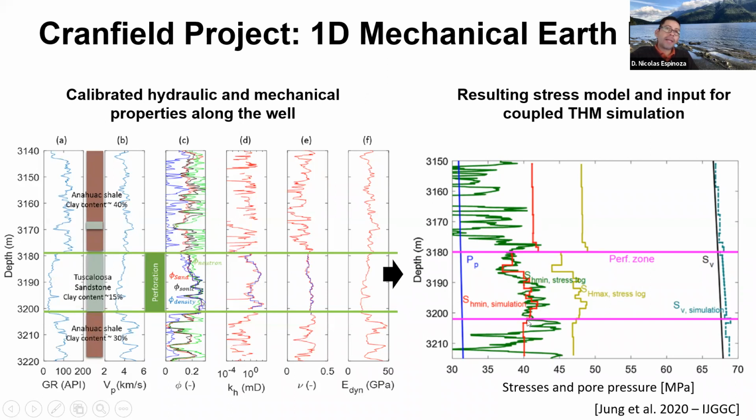This is actually what is done in hydraulic fracturing, because with this you can not only predict if there is going to be a fracture or not more accurately than with the other models, but also you can tell if the fracture is going to stay in the reservoir zone or is going to propagate upwards or downwards.